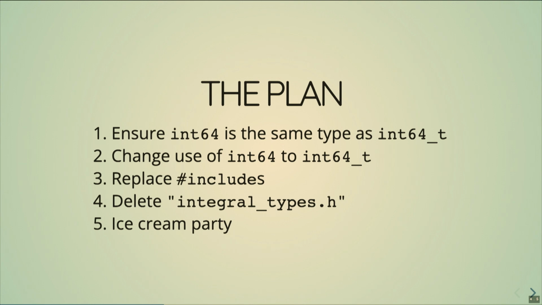Most of the time we're not going to run into the problems that we see. And this is a fantastic question with a really subtle answer, right? Because either way we do this, we're going to end up with the same outcome, right? We're going to end up using int64_t everywhere. It's going to be an alias for long, and we're going to get our ice cream. So why does the order here that we do these things matter?